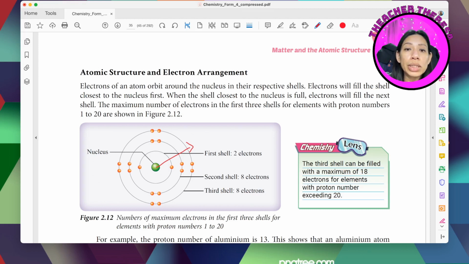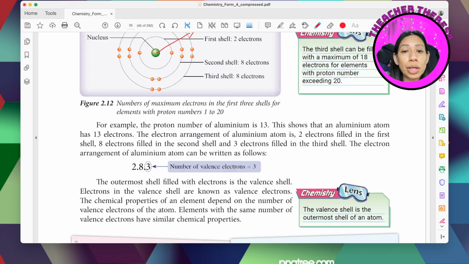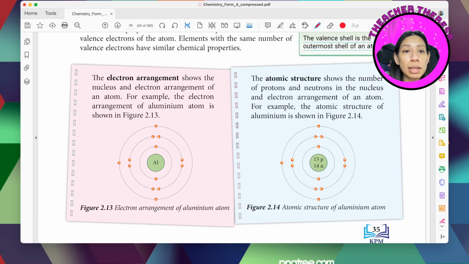You need to know the term maximum means that is the cutoff number. Cutoff number means can be 8 and below, cannot be more. Also the third shell, you only learn till 20, so the third shell will also be maximum 8. So this is how you can determine what we call the electron arrangement.